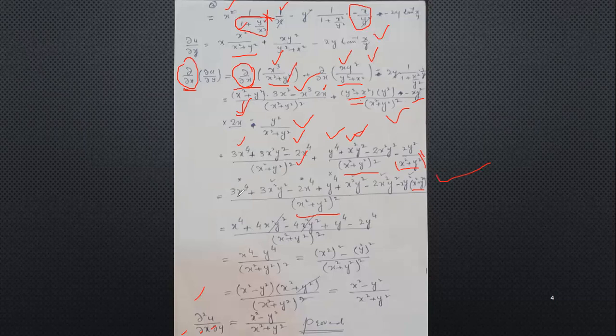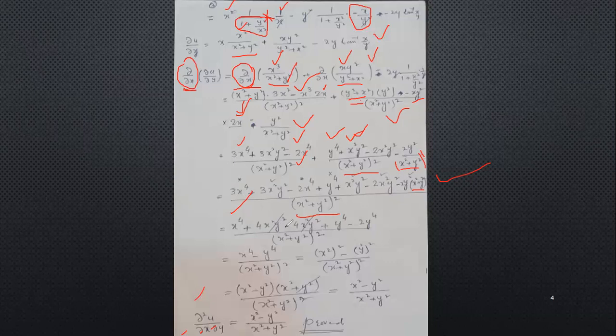Here we have 3x raised to power 4 minus 2x raised to power 4, then we get 1x raised to power 4. Now 3x square into y square, here minus 2x square into y square, minus, after multiplication, minus 2y square with x square, then we get minus 2x square y square.